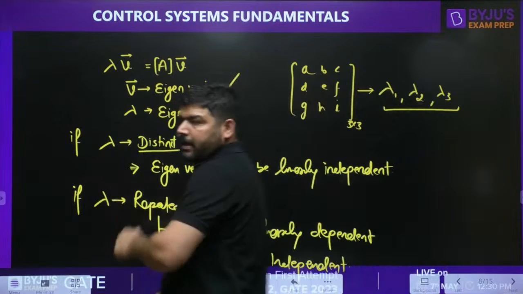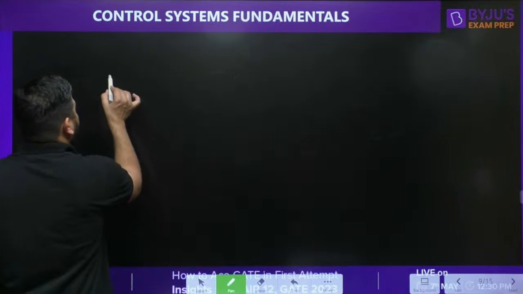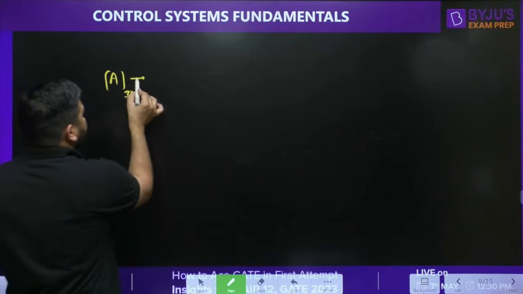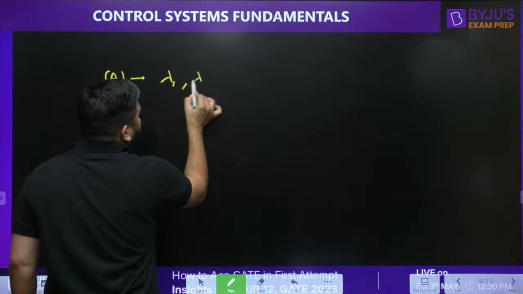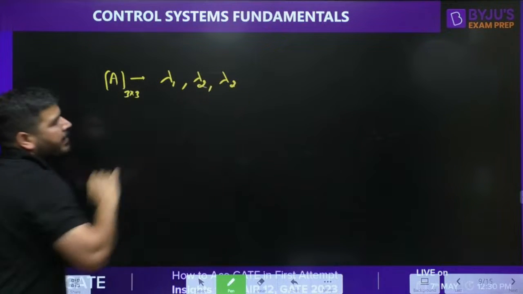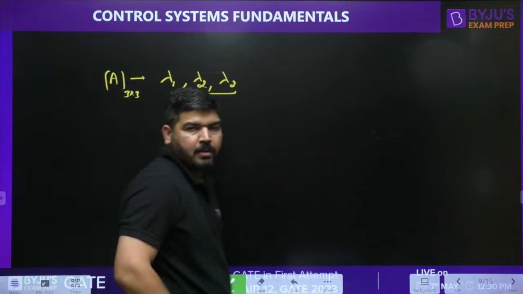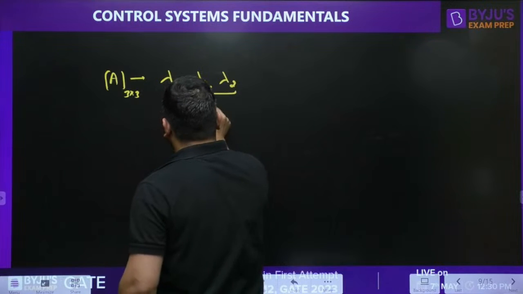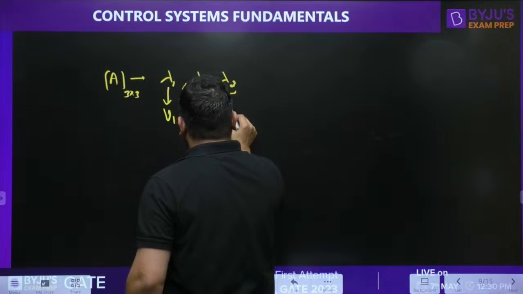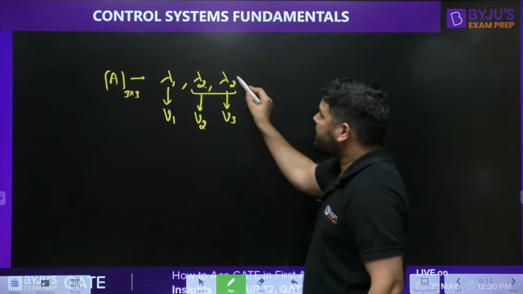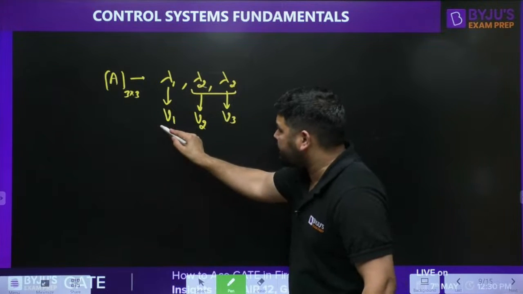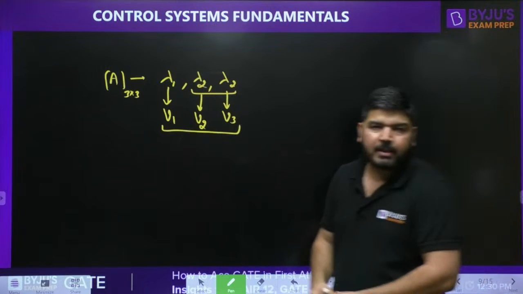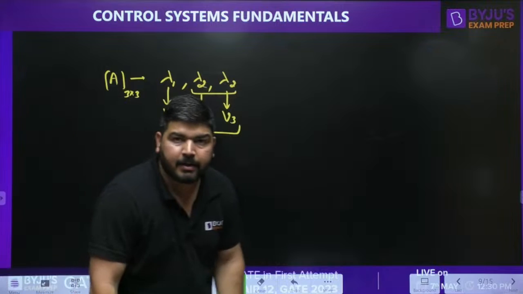Let's say you have a 3 by 3 matrix A, and the eigenvalues are lambda 1, lambda 2, lambda 2. It means there are 3 eigenvalues, but out of these 3, 2 are repeating. Now for this eigenvalue the eigenvector is V1, for this V2, and for this, let's say V3. Since they are repeated, it may be possible that these 3 eigenvectors are linearly dependent or independent. You have to check.